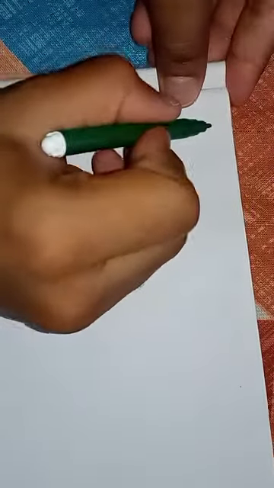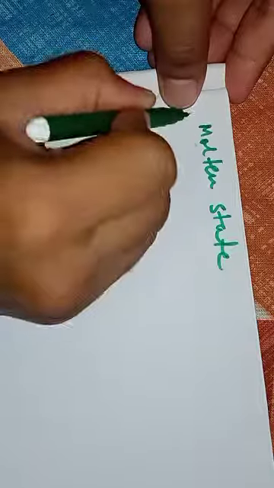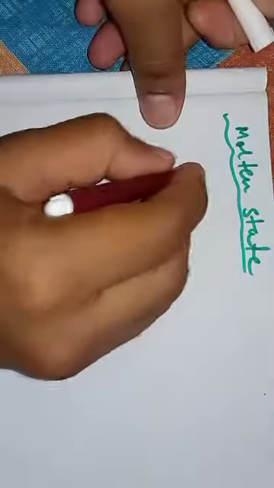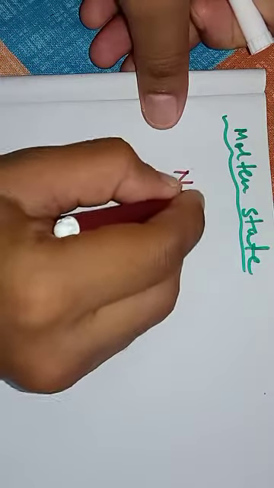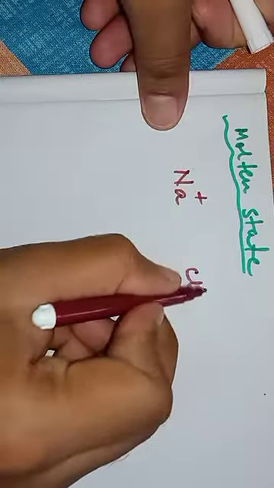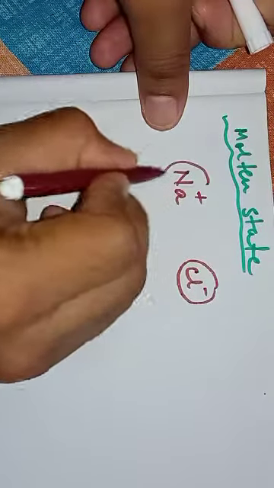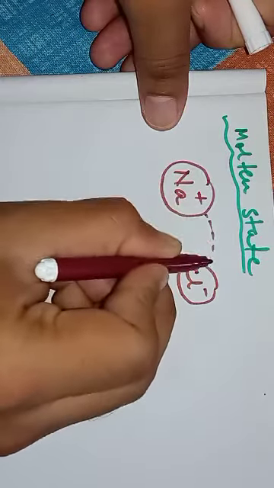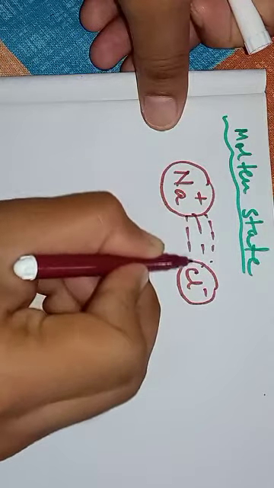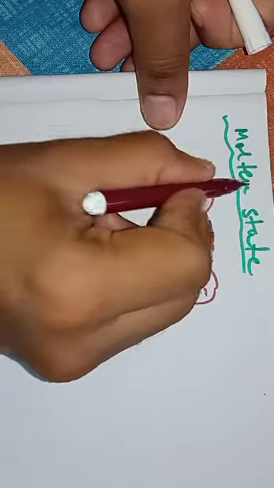Now let us talk about the molten state. What happens in the molten state? Because in the molten state also electrolytic dissociation takes place. Let us take the same example, Na+ and Cl-. This will be the electric field lines.